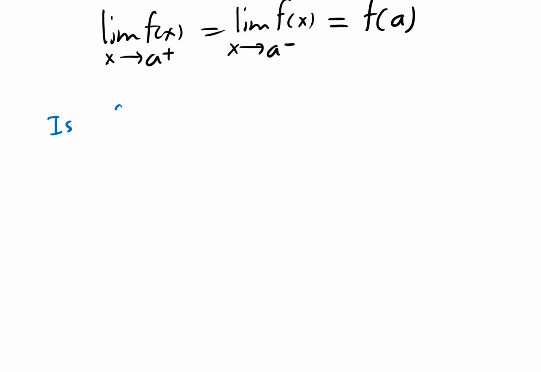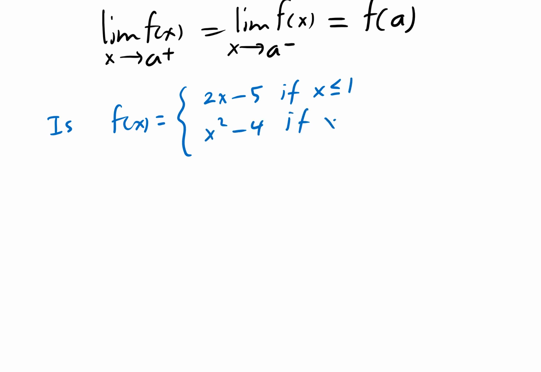Is the function f of x equals 2x minus 5 if x less than or equal to 1, or x squared minus 4 if x bigger than 1, continuous? Explain.